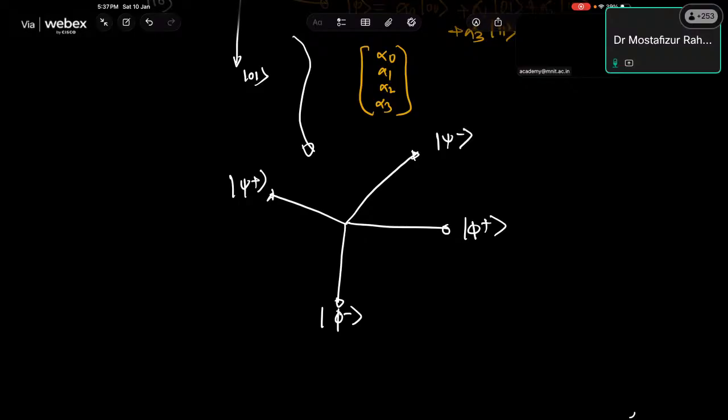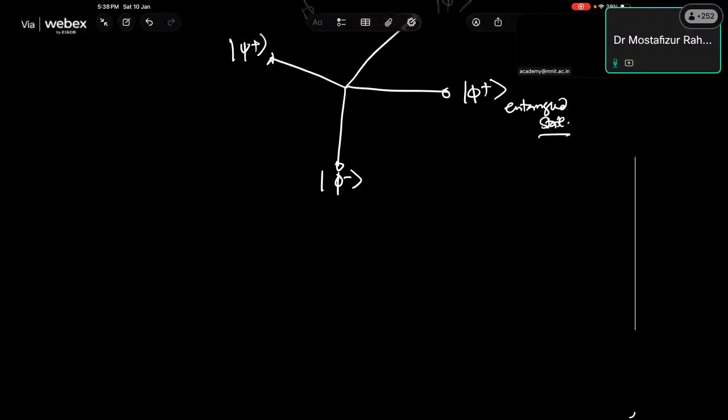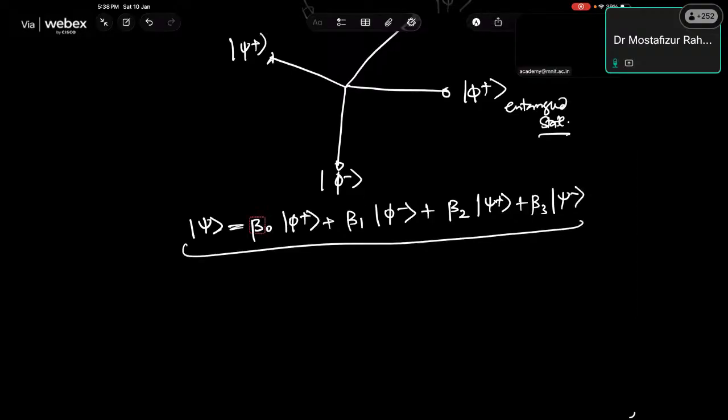These are my orthonormal basis now, where individually they are entangled states, and I can represent my quantum information psi in a new way: beta 0 of phi plus, beta 1 of phi minus, plus beta 2 of psi plus, and beta 3 of psi minus. Now I have stored my information in the entangled basis, right?